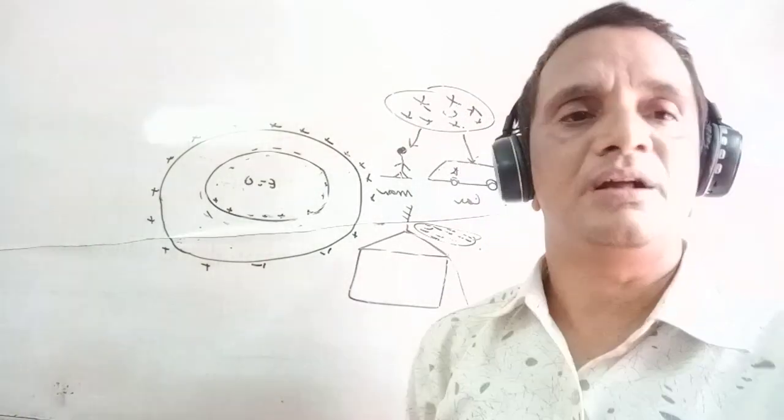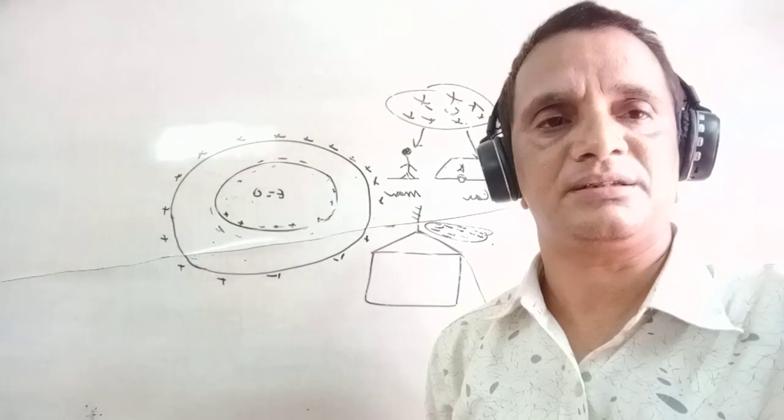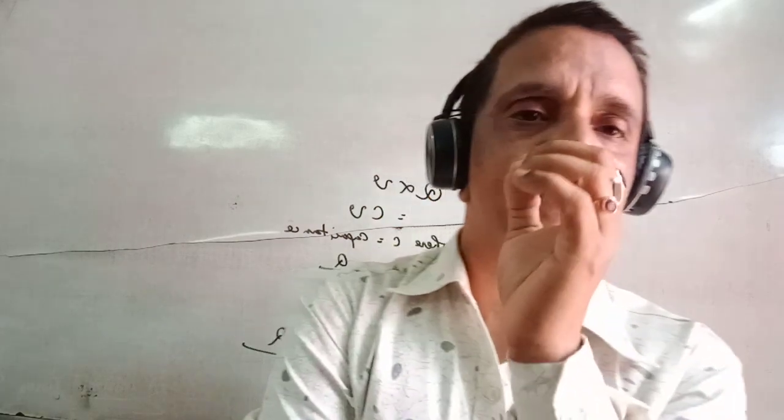What is that? Electrical capacitance. Is it clear? Okay. We are going to start the main topic, that is known as electrical capacitance, after discussing lots of things. How does the capacitor work?